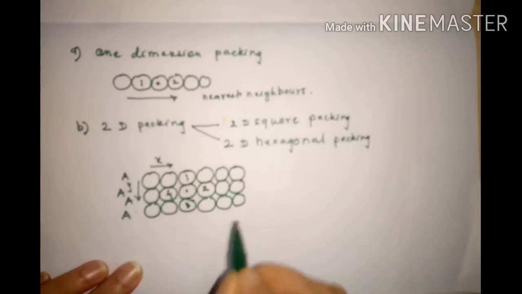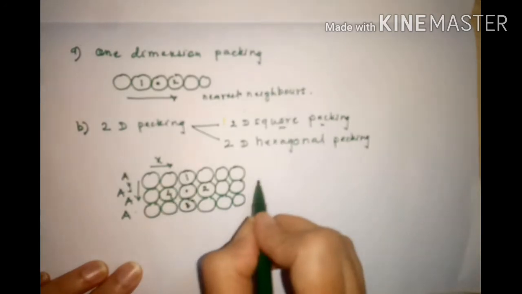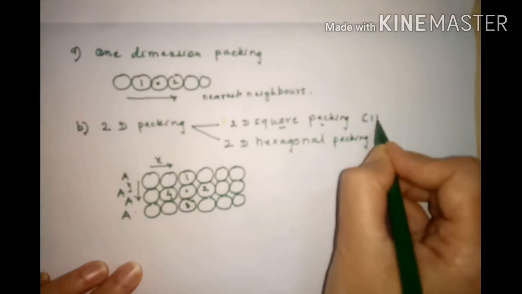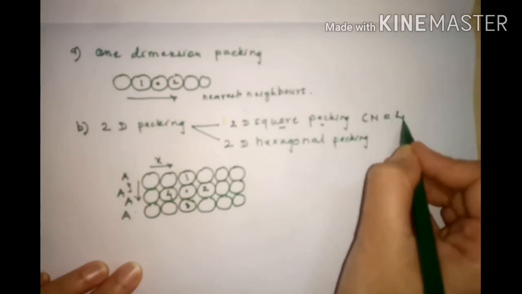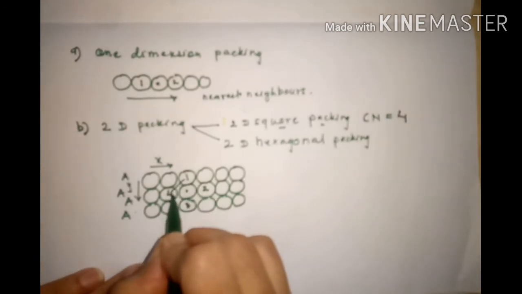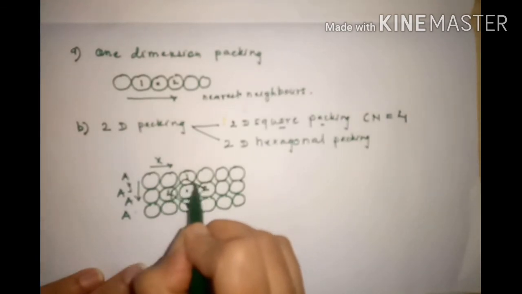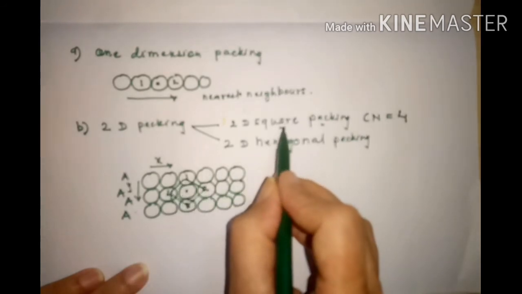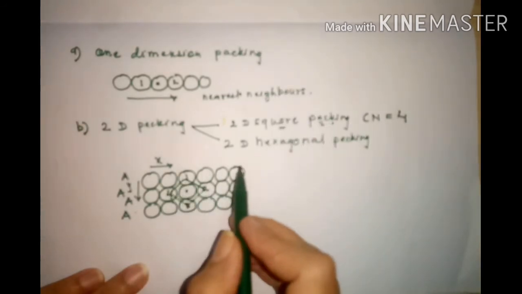So in case of 2D square packing, the coordination number is found to be 4. If you join them this way, you get a square. That is why this is called 2D square packing.